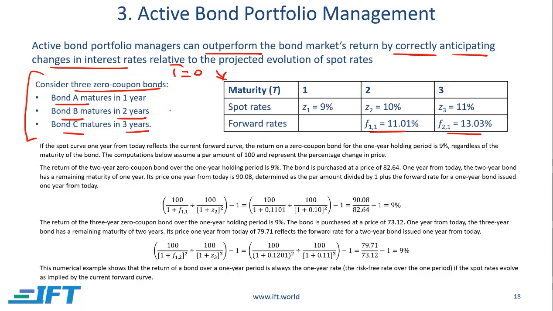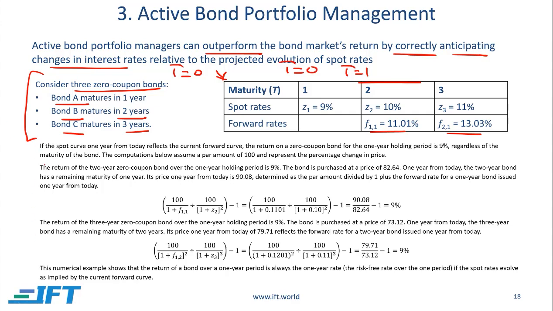Now, one scenario is that as we move through time, so let's say at t equal to 1, this scenario pans out. So after 1 year, the 1 year spot rate becomes 11.01, which is what was predicted at t equal to 0. That scenario is described here.